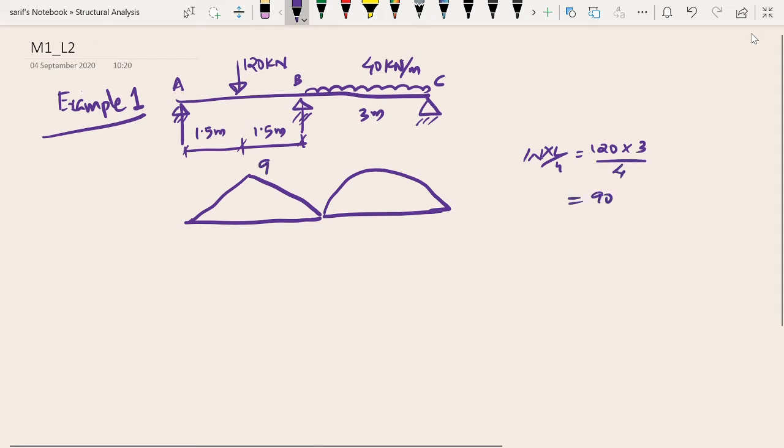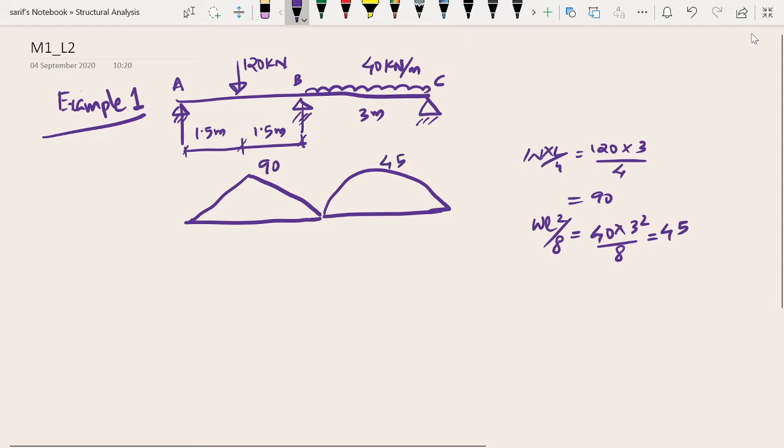And here the magnitude would be WL square divided by 8, that is 40 into 3 square divided by 8, which comes as 45 kilonewton meter.